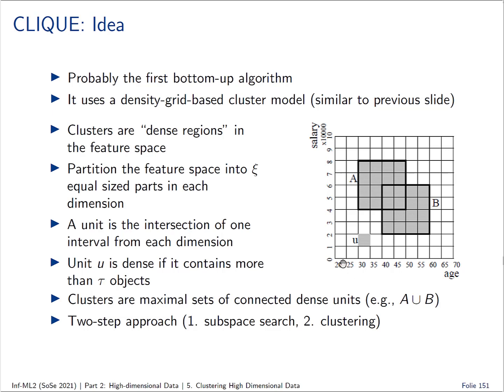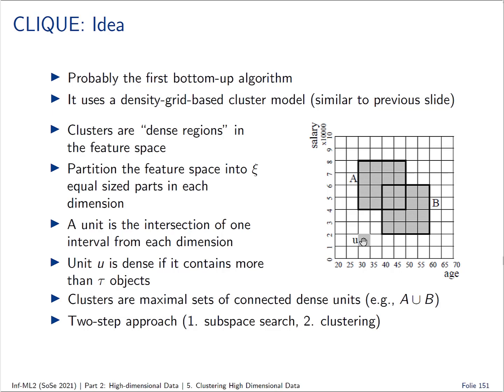Now, as we said before, a unit is an intersection of one interval from each dimension. So if we only have a two-dimensional space with age as one feature and salary as the second feature, a two-dimensional unit would be an intersection of any interval along age and any interval along salary. For example, this gray shaded unit U is the intersection of this interval, 30 to 35 along age, and this one, 1,000 to 2,000 along salary.